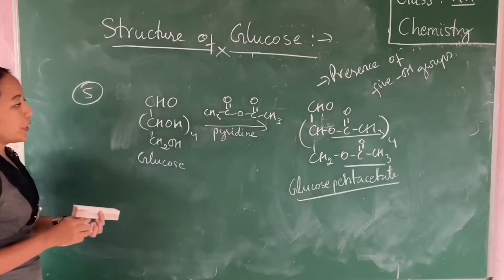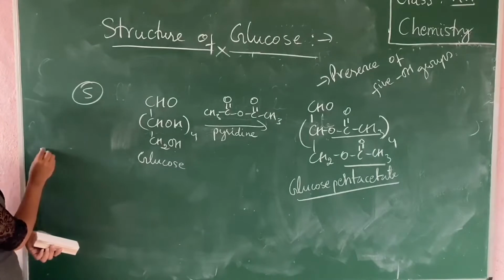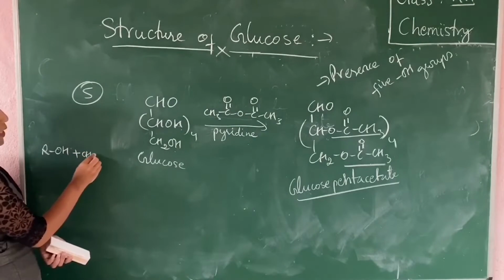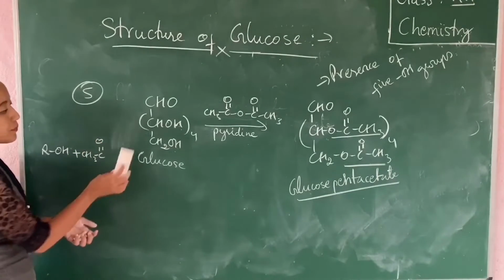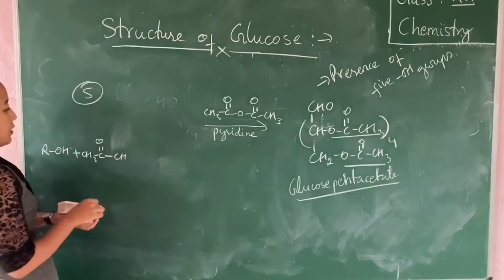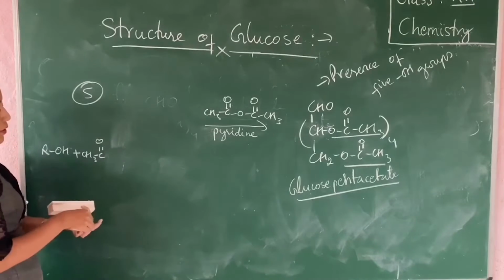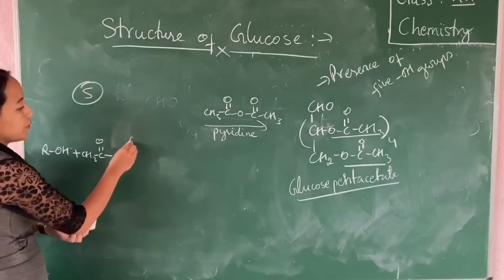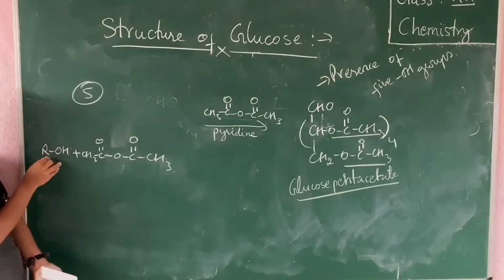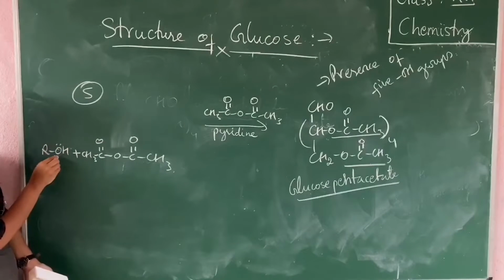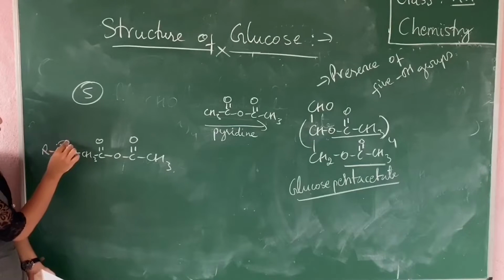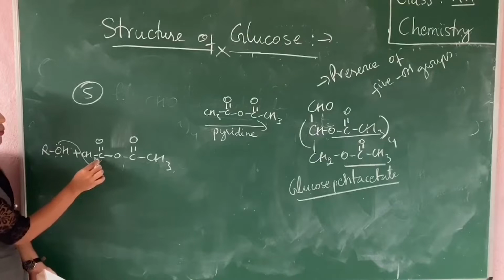Whenever an alcohol, that is ROH, is treated with acetic anhydride, that is CH3, C double bond O, O, C double bond O, CH3, the O of the alcohol has 2 lone pairs of electrons. This lone pair of electrons on the oxygen atom will form a bond with this carbon atom.